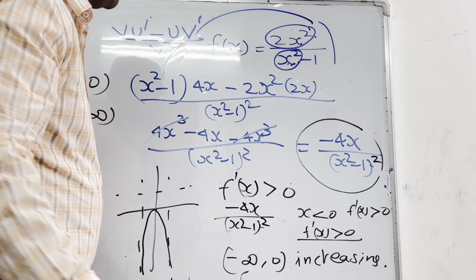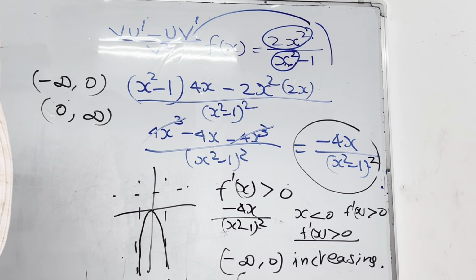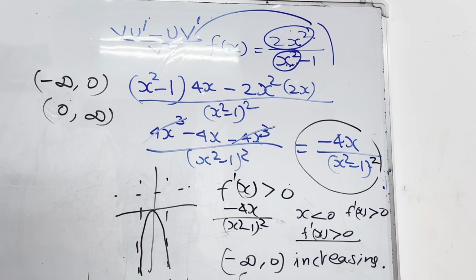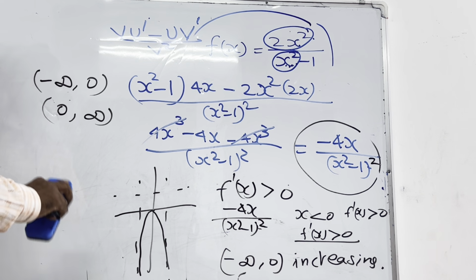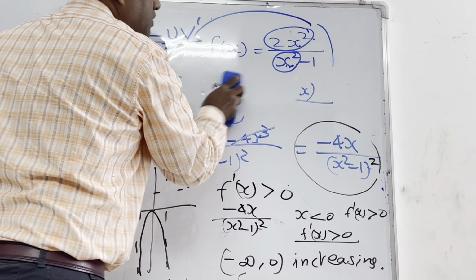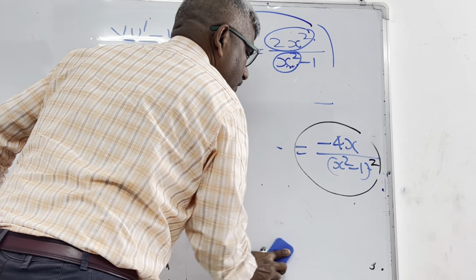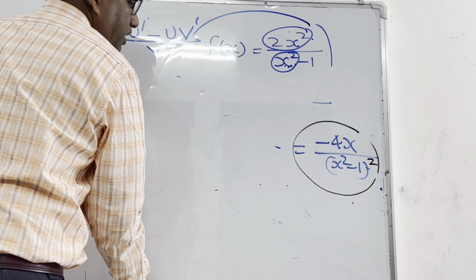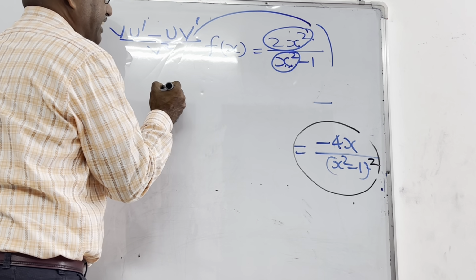Sixth is local maximum minimum. Note it down. Local maximum minimum is where f dash x is equal to 0.